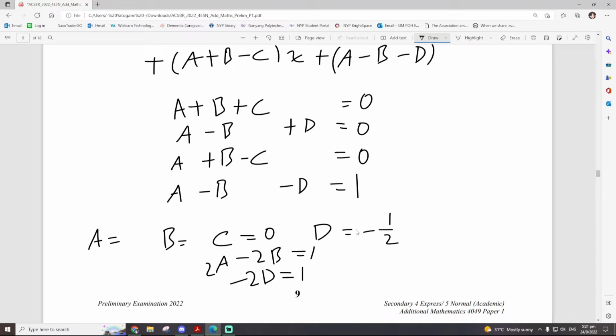And a minus b is half, and a plus b is 0. So 2a is half, so a is a quarter and b is negative a quarter.